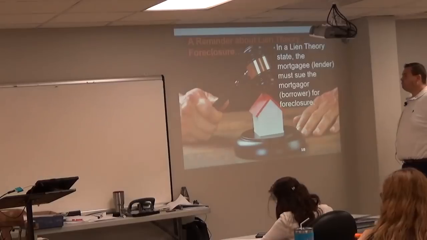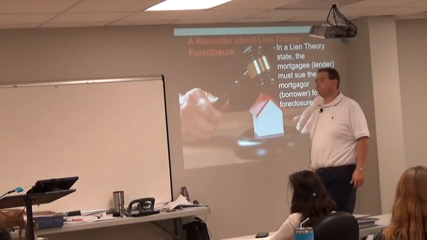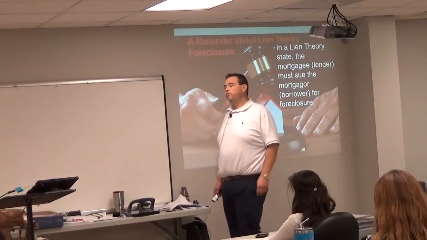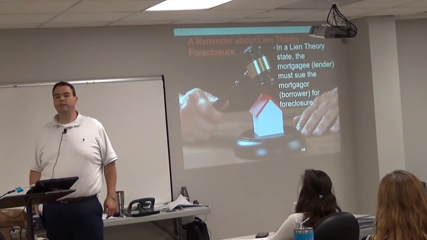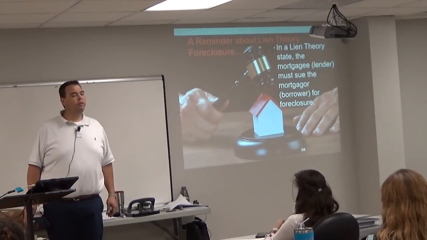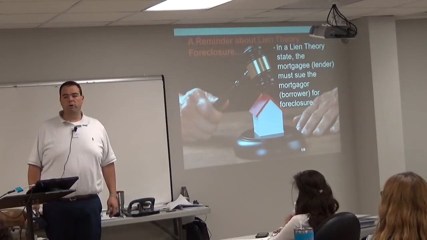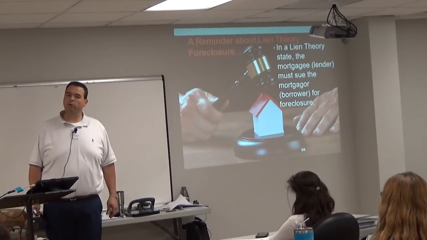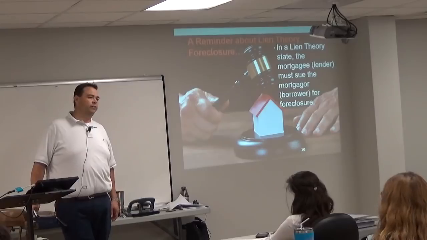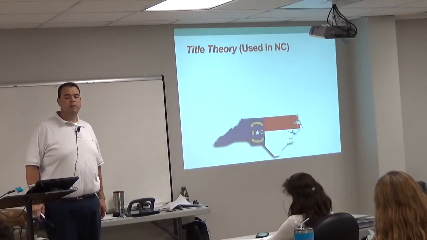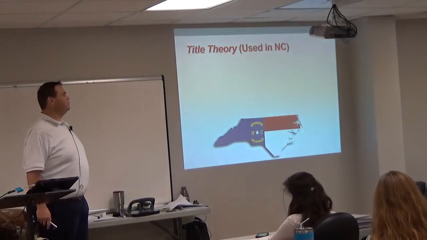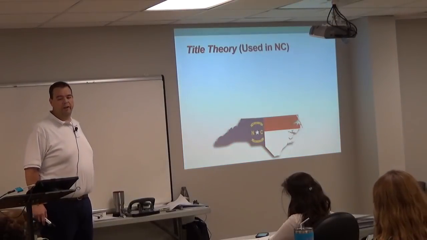All right? So, one last reminder here. Foreclosure in a lien theory state, where does it happen? In court. A borrower gets sued for foreclosure in a lien theory state. That doesn't happen in a title theory state. So let's talk about title theory and what's used in North Carolina.